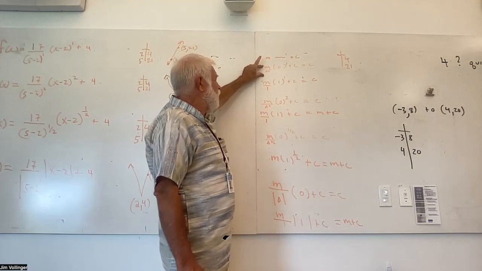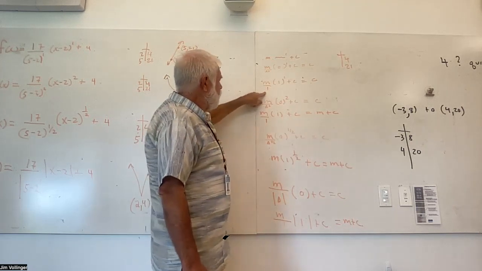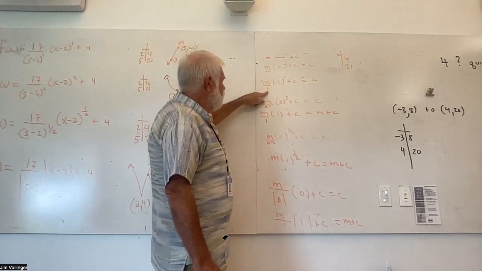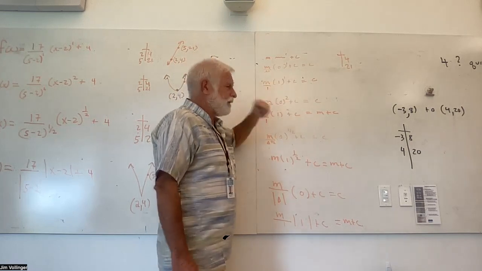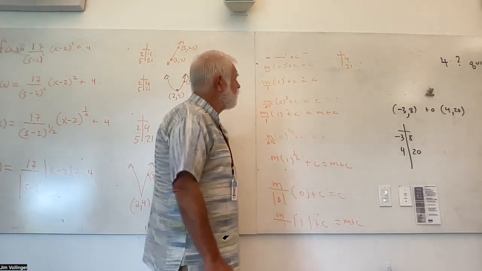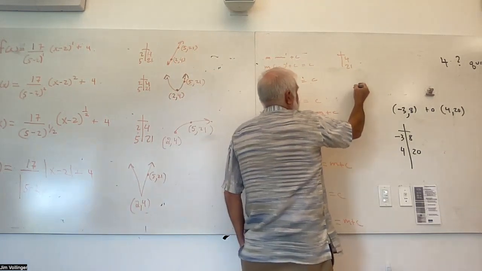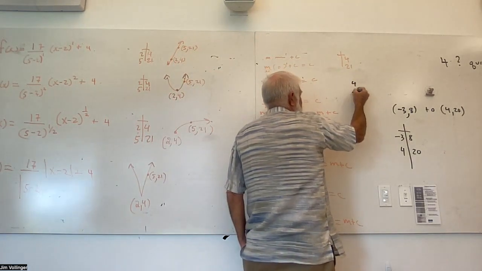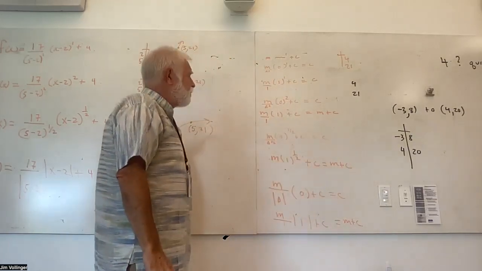So some kind of multiplication times 0 gets us C. And then the second usage of an x value, we're creating a division of 1, which gets us m plus C. Okay, so we've got the numbers 4 and 21, which means we're going to get the number 4 the first time and the number 21 the second time. And your challenge is to see it happen.